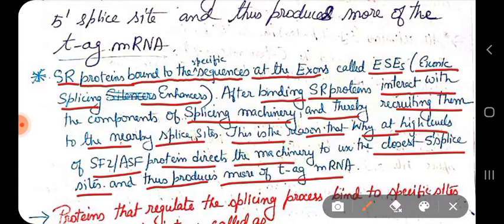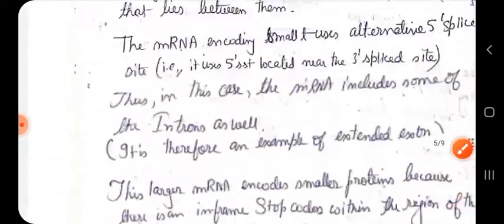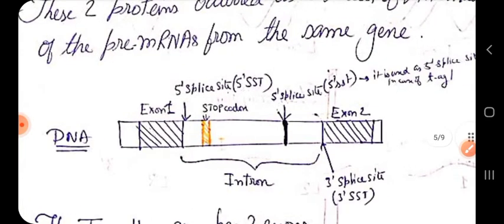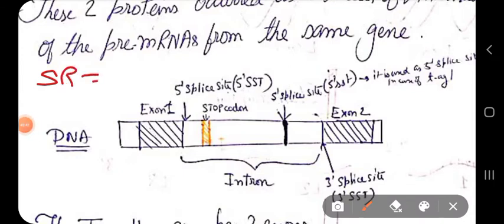So if I look at the diagram, you can recognize this. The serine arginine rich protein in this case of the monkey SV40 virus is SF2 ASF.